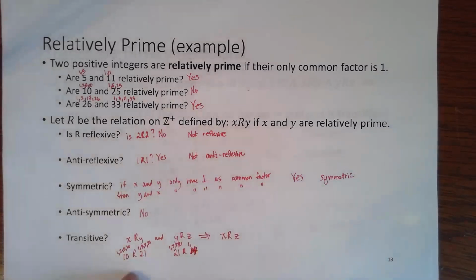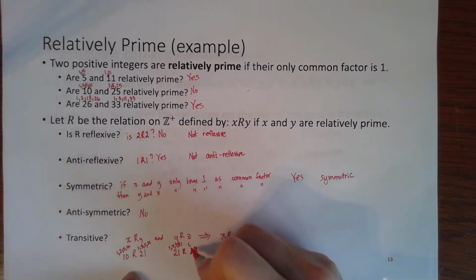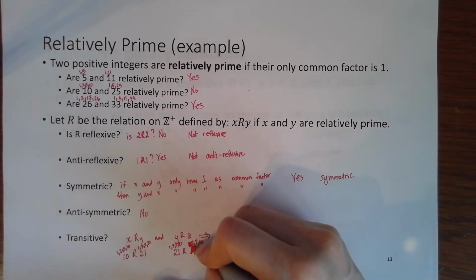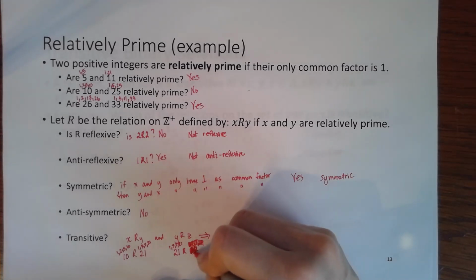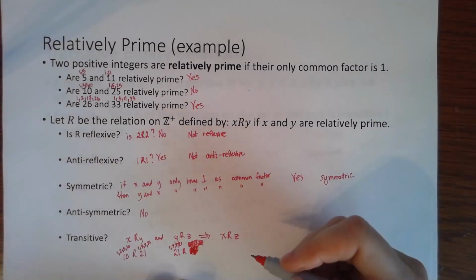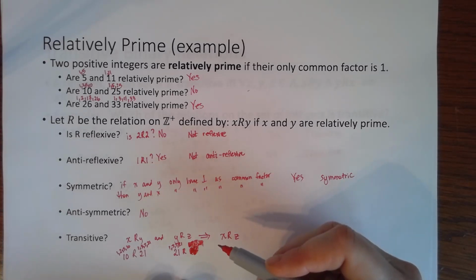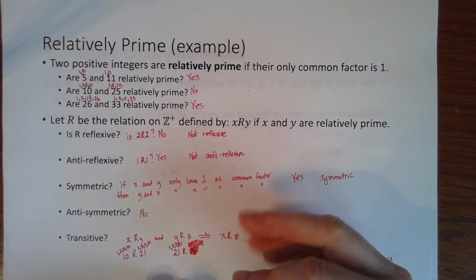Sorry. Okay, so 21 and 14. The factors of 14 are 1, 2, 7, and 14. Oh, I keep choosing the 7. It has to not have a 7 or a 3 in it.